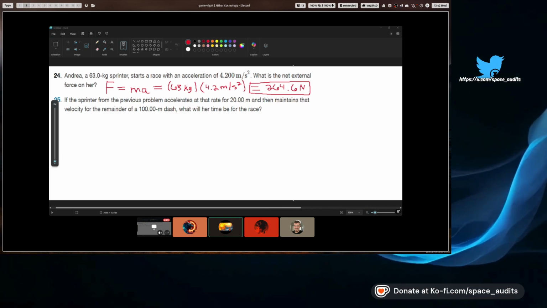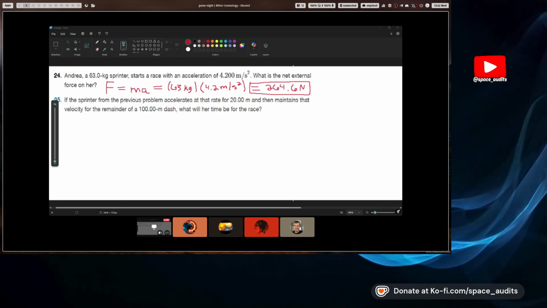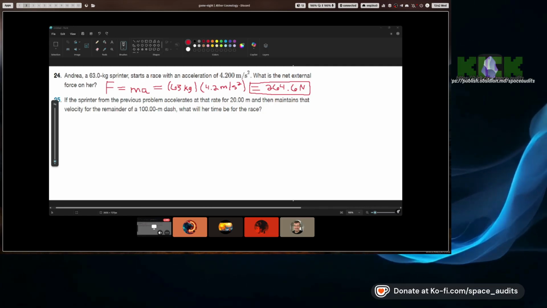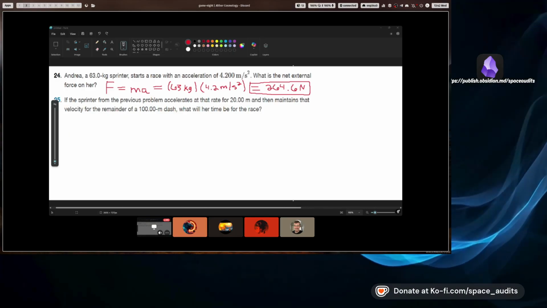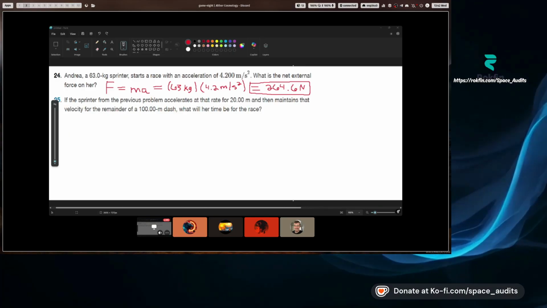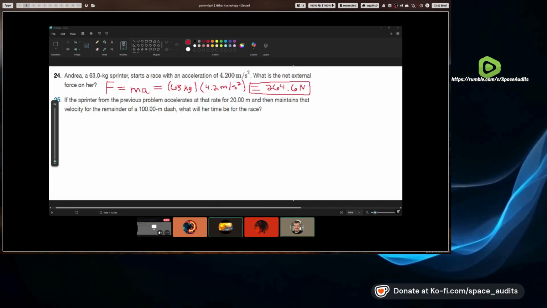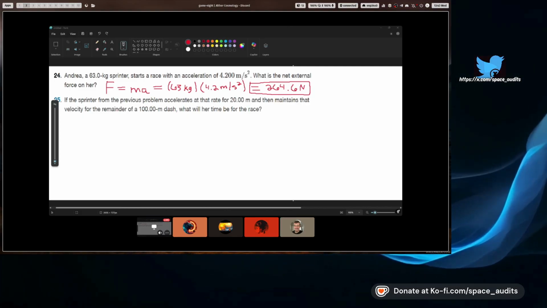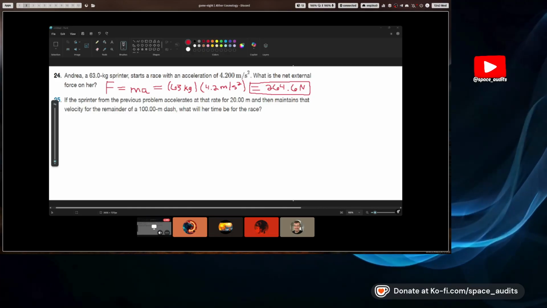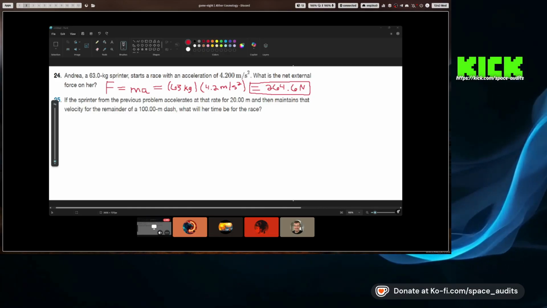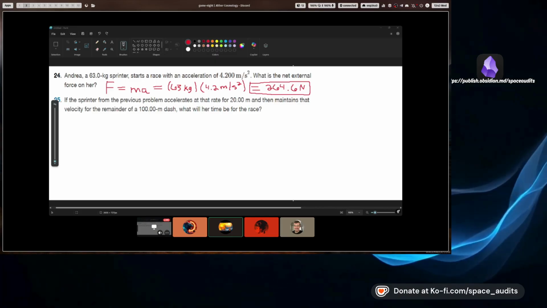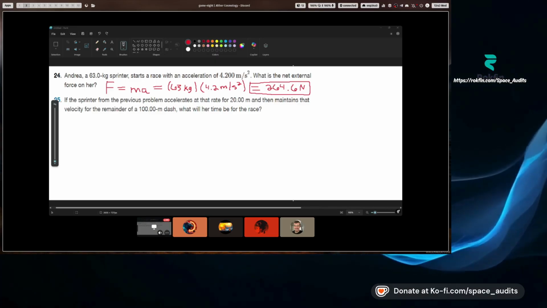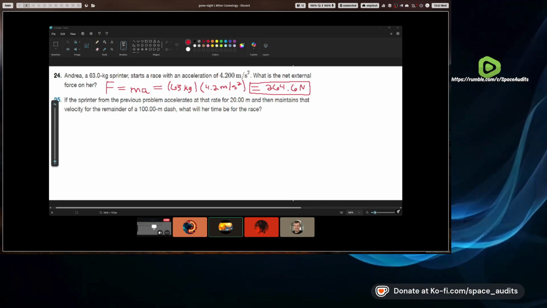From the kinematic equation set. Where are they? Okay. Here we go. The kinematic equation.